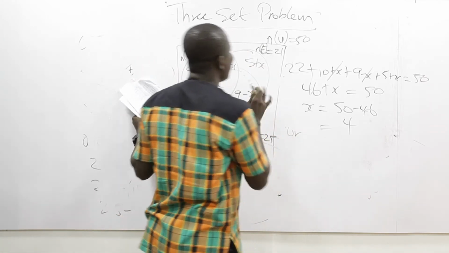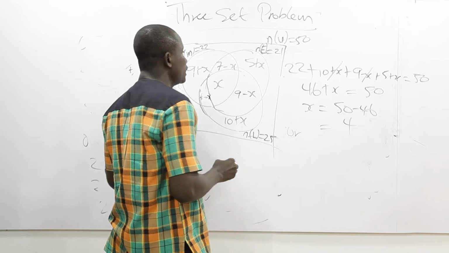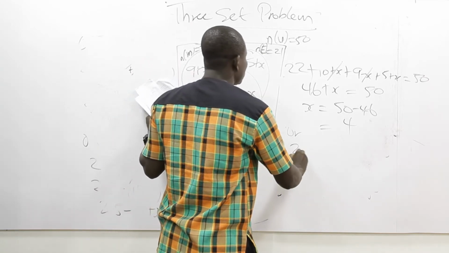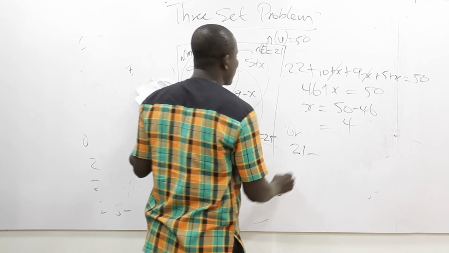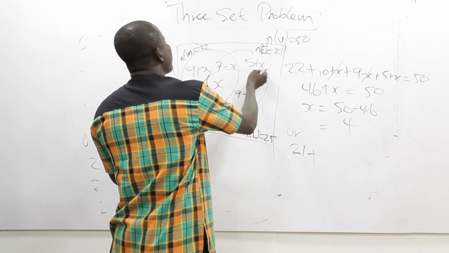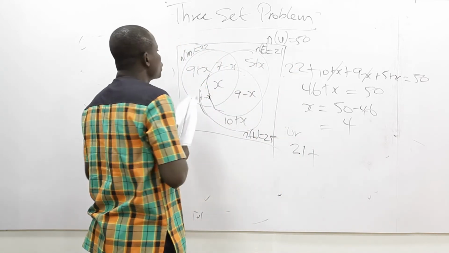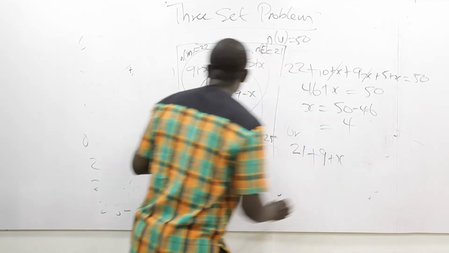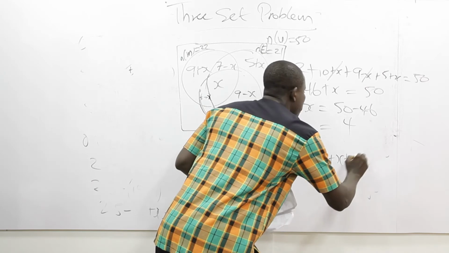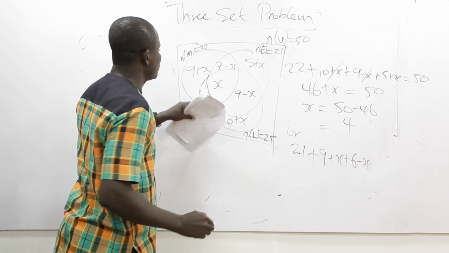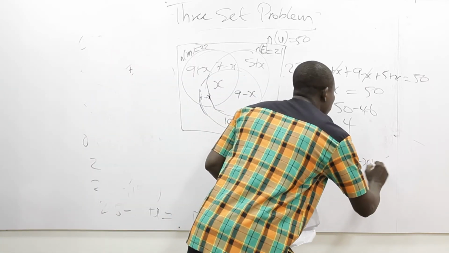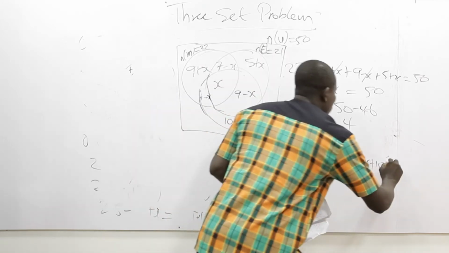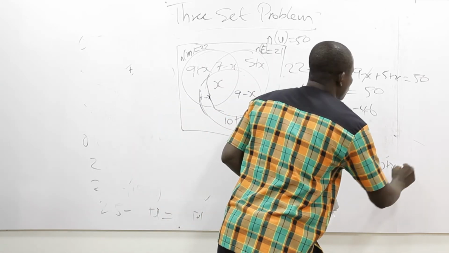Alternatively, another person can also choose 21. Note this: here also we have 21. After writing 21, I will avoid every element within this circle. So what is left is 9 plus x plus 6 minus x, plus 10 plus x, also equal to the same 50.